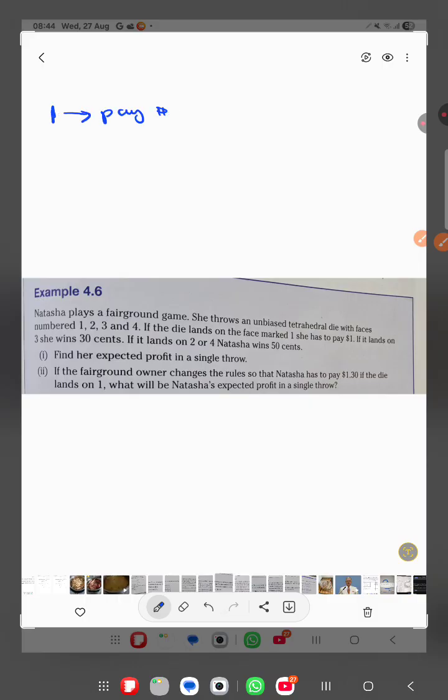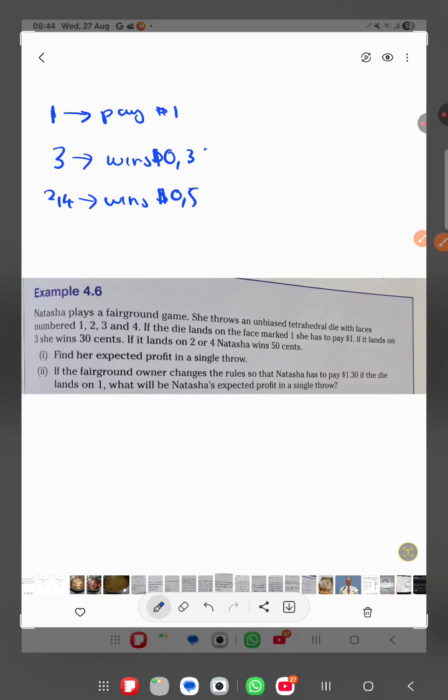If it lands on 3, she wins 30 cents, 0.3. If it lands on 2 or 4, she wins 0.5. But it's just so important that you declutter all of this, that you separate it in a way that makes sense for your brain.